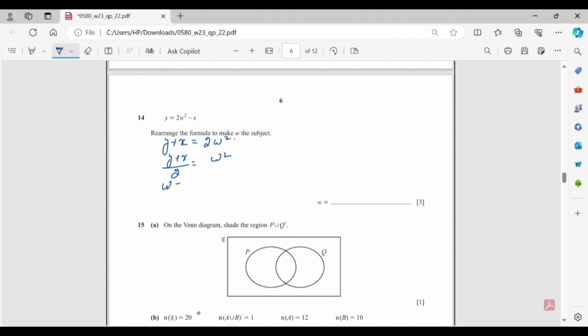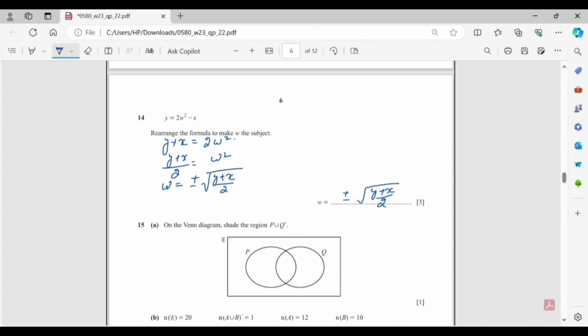So w will be equal to plus minus root of y plus x over 2. So this will be our answer: w is equal to plus minus root of y plus x by 2.